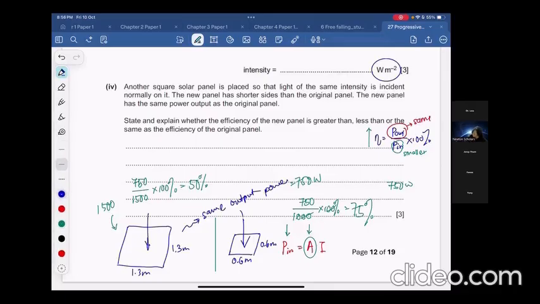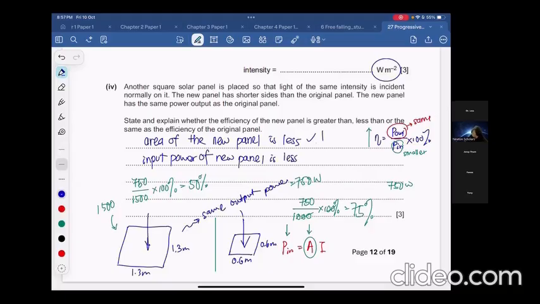Efficiency: area of the new panel is less. This is 1 mark. Input power of the new panel is less.